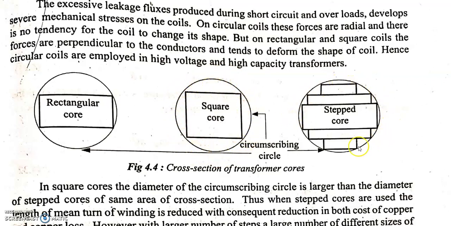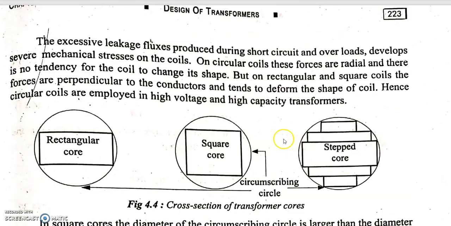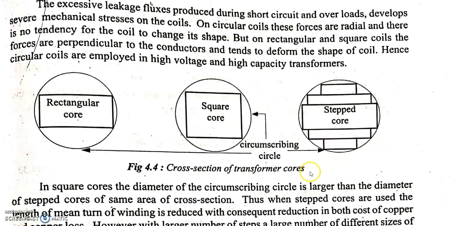But in a stepped core transformer, since the circumscribing circle diameter is reduced, the length of mean turn of the coil will be reduced, and so the amount of copper utilized in the winding will be reduced, and hence the copper losses will also be proportionally reduced. So the stepped core will be more advantageous as compared to the square core.